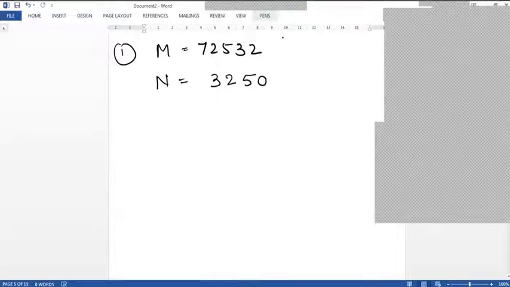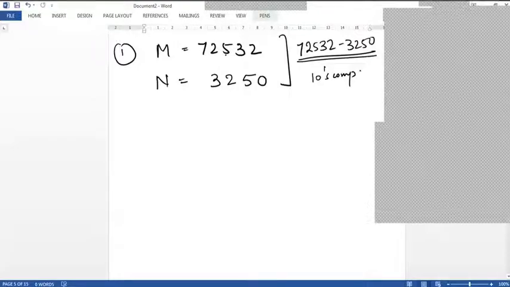I am asked to carry out the calculation 72532 minus 3250, and I am asked to do it using tens complement. This is base 10, your decimal number. Let us carry out the first step. What do we do in the first step? Equate the number of digits. So my m will be 72532 and my n would be 03250.